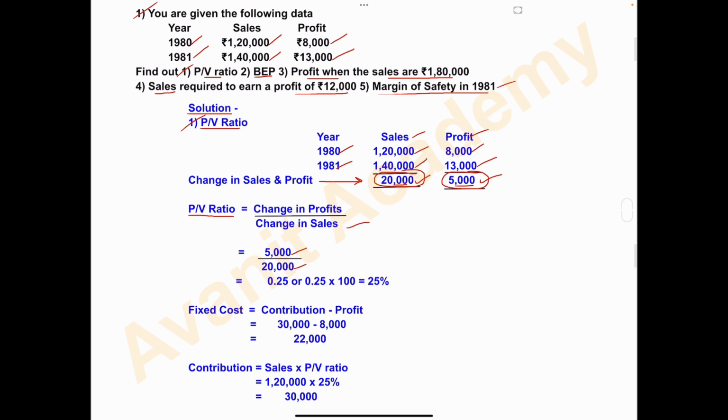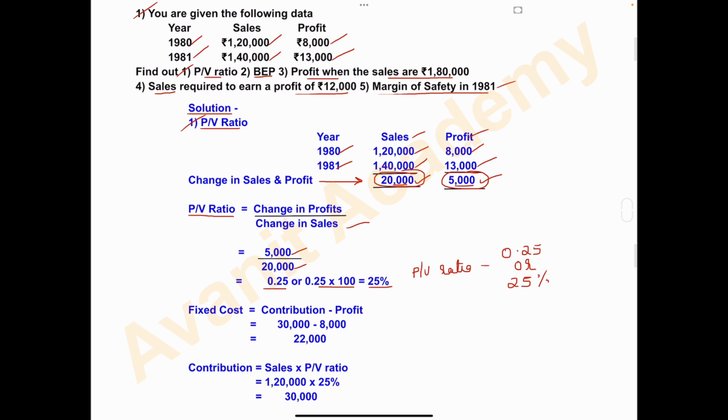Do the calculation: 5,000 divided by 20,000, you will get 0.25. So this is the PV ratio. If you want this PV ratio in percentage, what we have to do? 0.25 into 100, 25%. PV ratio is 0.25 or 25%.